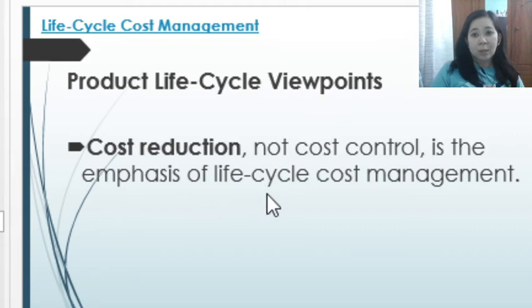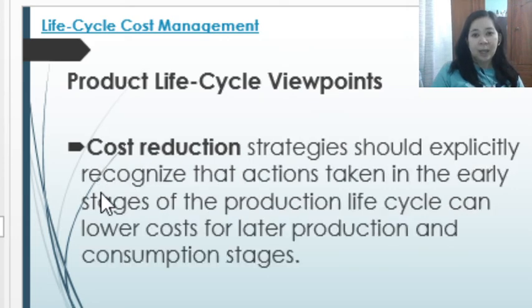But when talking about life cycle cost management, the emphasis here is on cost reduction. Cost reduction strategies should expressly recognize that actions taken in the early stages, especially of the production life cycle, can lower costs, so that for the later production and consumption stages, the cost will be minimized as well.